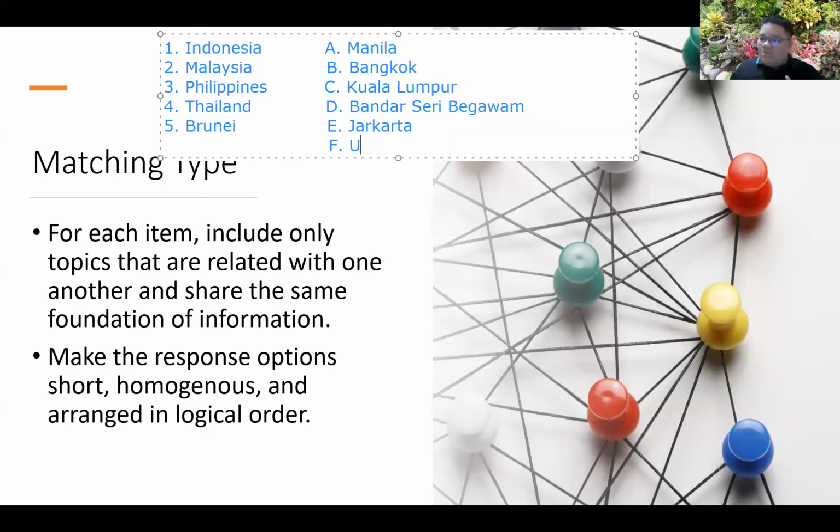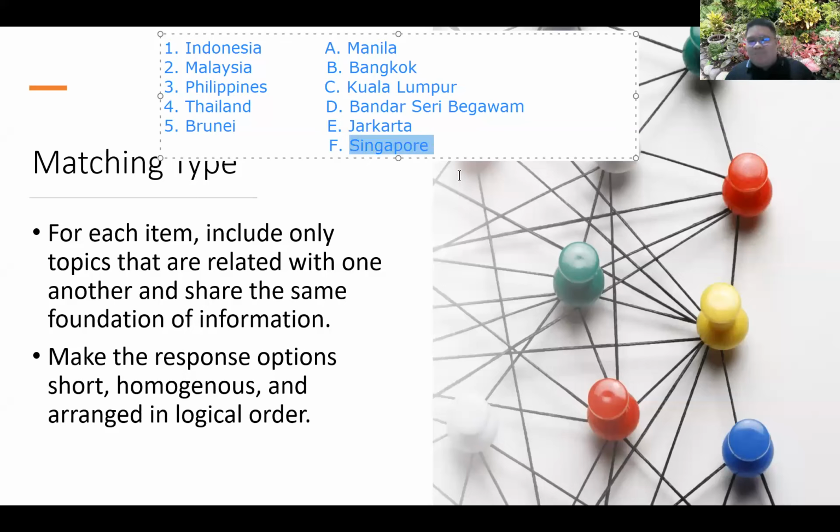And since we need to add a distractor, a distractor is one or two choices that are not included in the answers. For example, I will add Singapore, because the capital of the Republic of Singapore is also Singapore. So I will add one distractor. And if you notice, that distractor is also a capital.